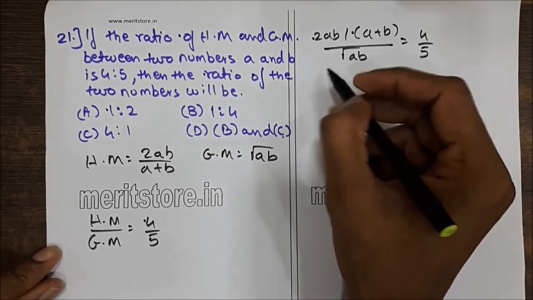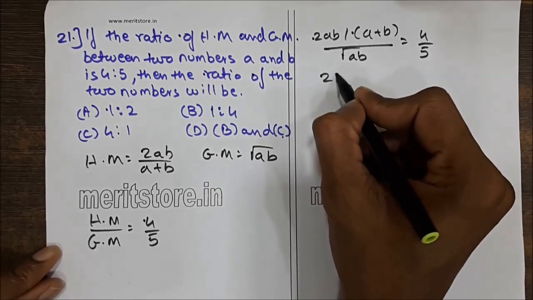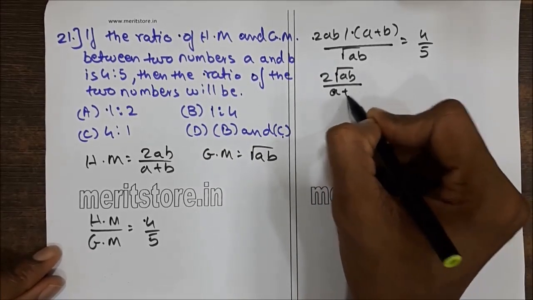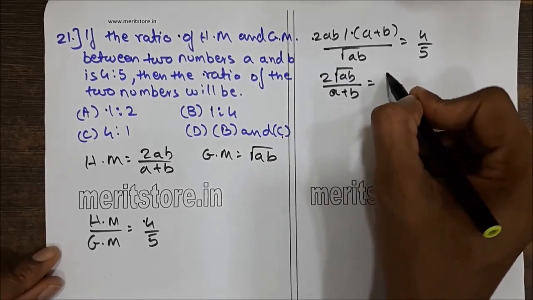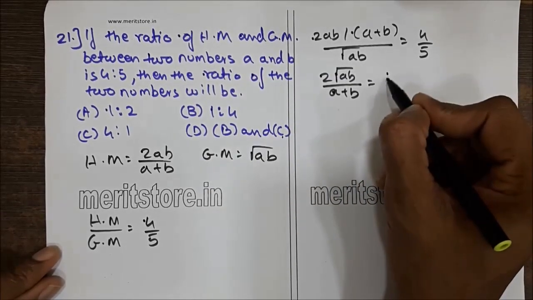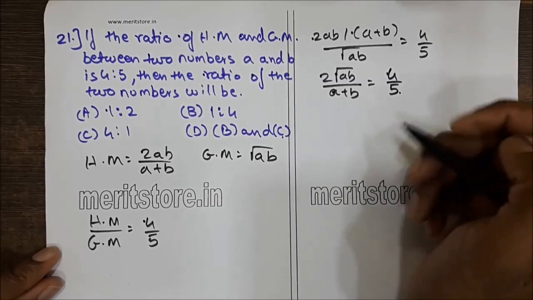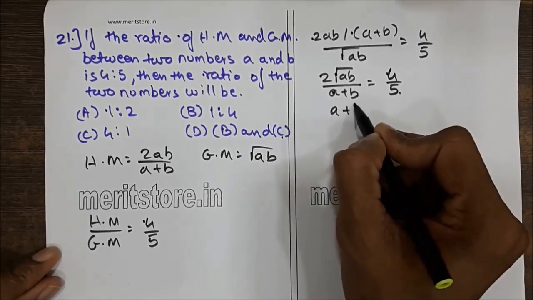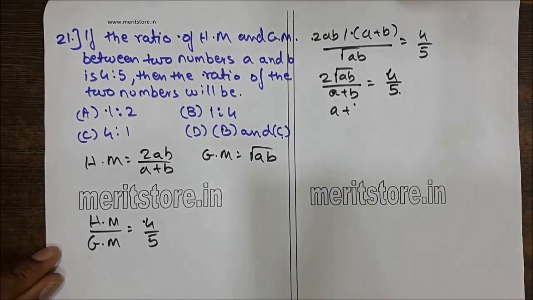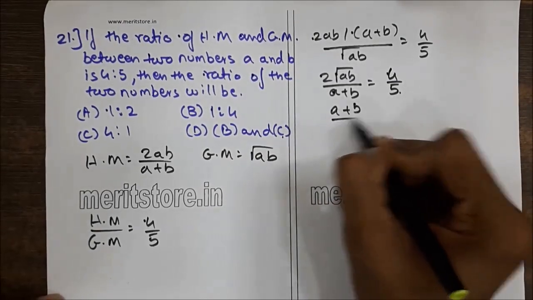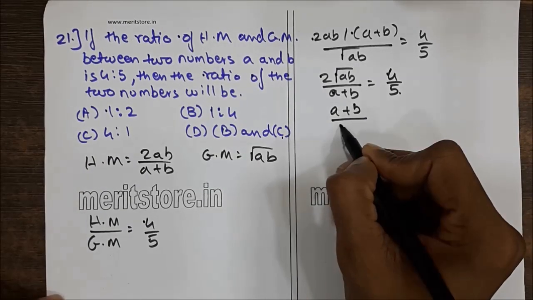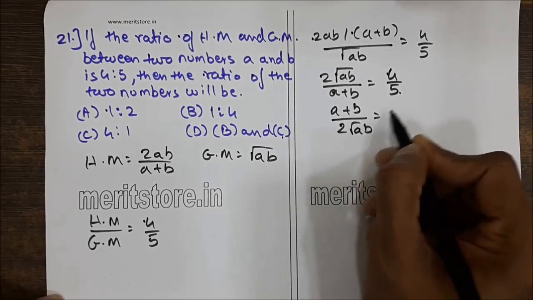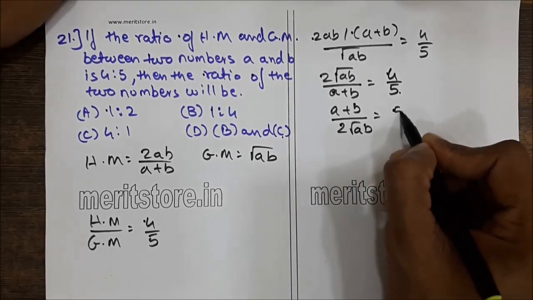We further solve this, we get 2 root AB upon A plus B, which is equal to 4 upon 5. So we can write this as (A plus B) upon (2 root AB) equal to 5 upon 4.